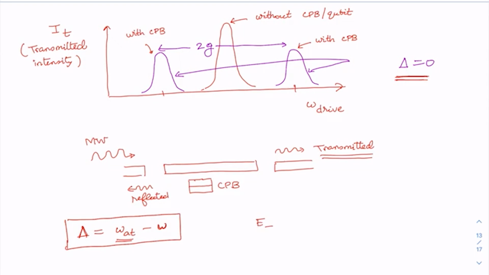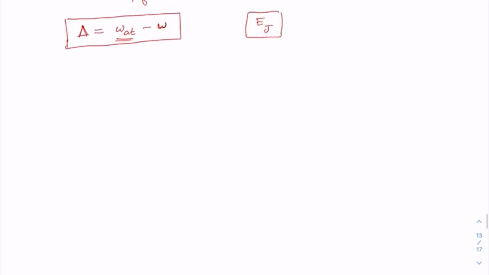We just have to tune this Josephson coupling energy, which can be done by changing the gate voltage or the gate charge. So what is done is that on one axis we plot the detuning parameter, while on the other axis, the y axis, we have omega drive, the driving frequency of the microwave.